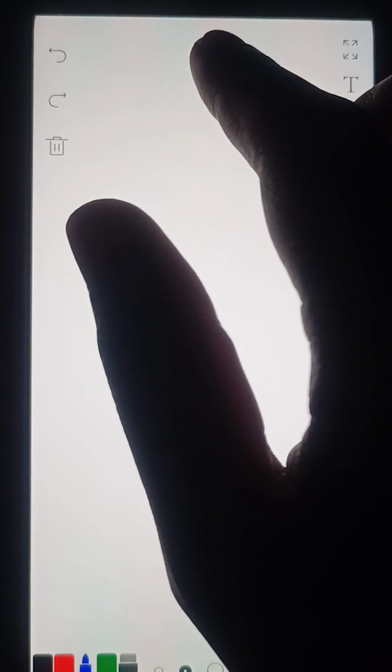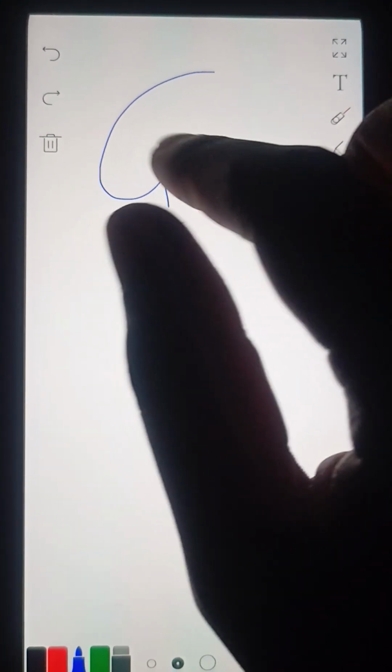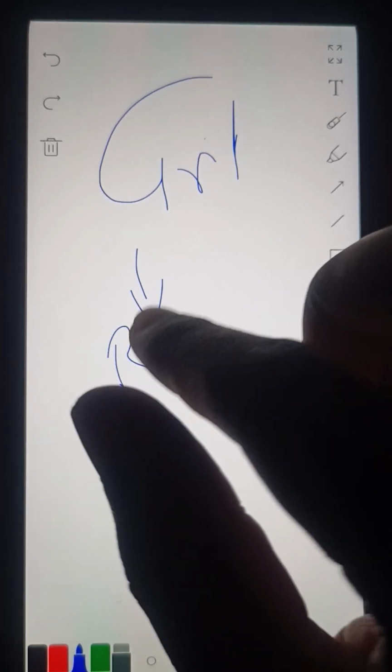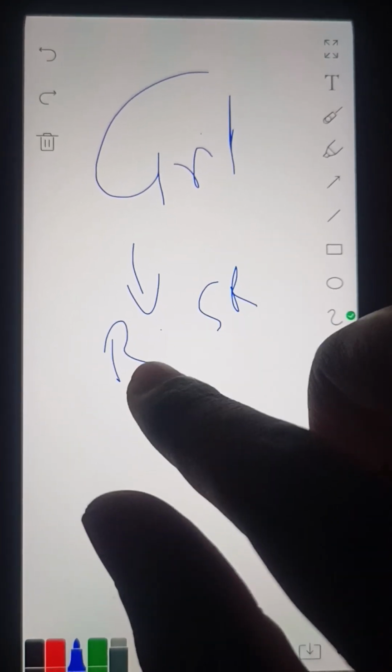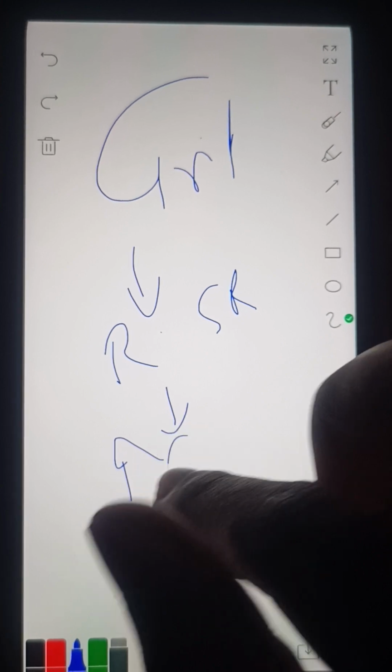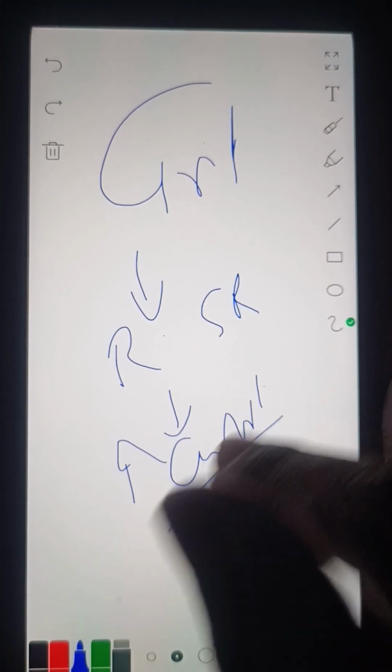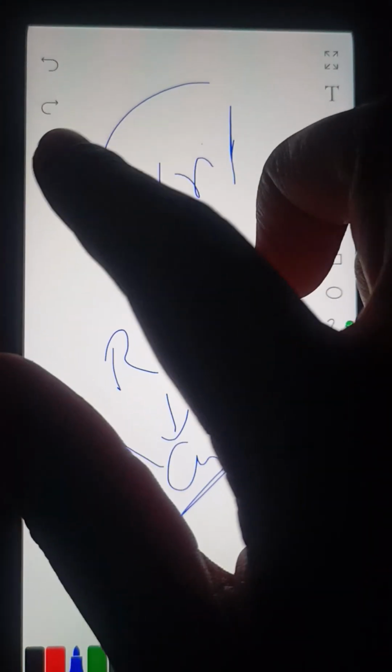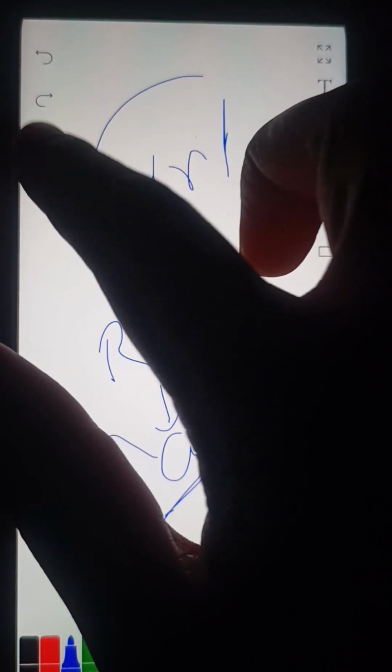So to summarize, what is the grid? It removes scatter radiation and improves contrast. This is the main advantage. Now what is the main disadvantage?